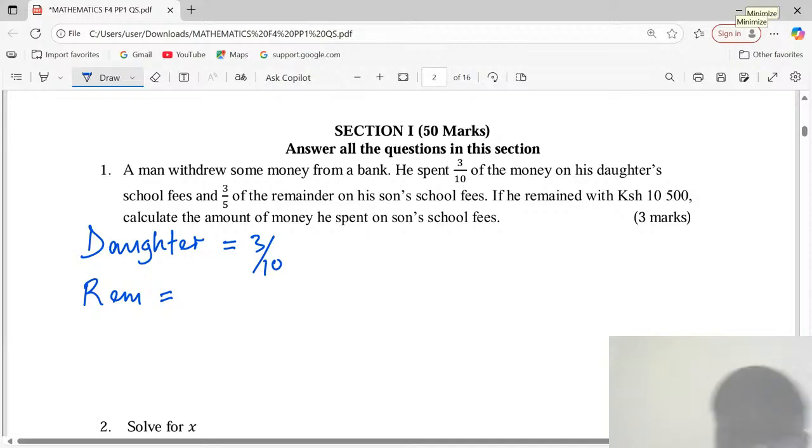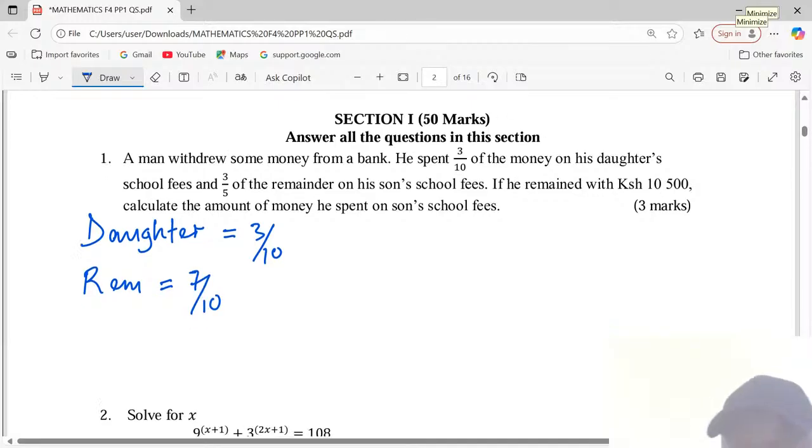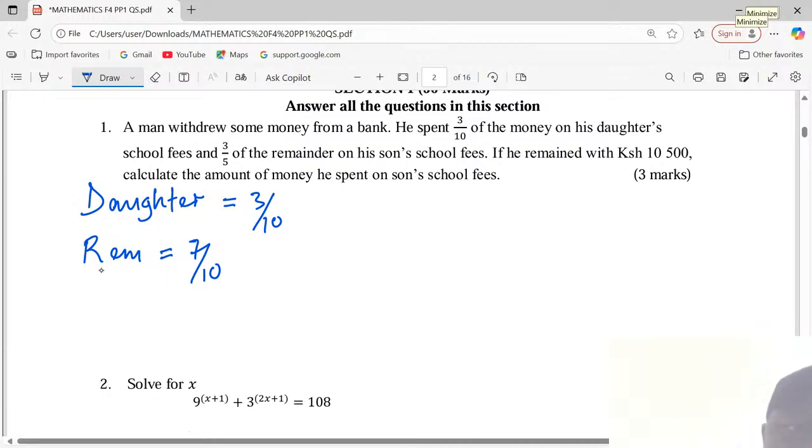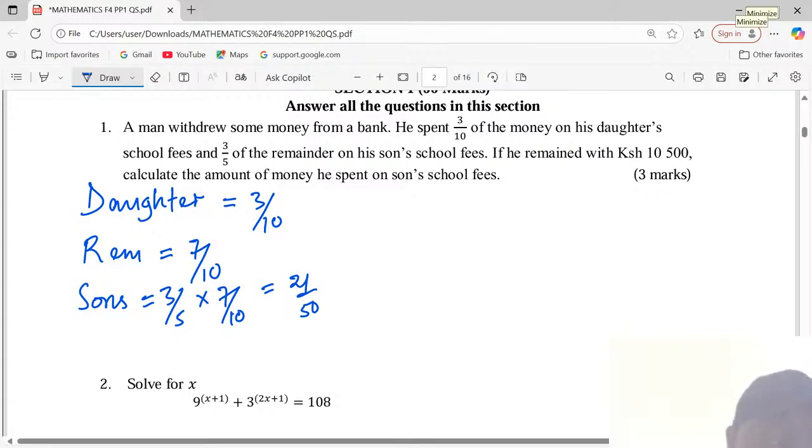That means the remainder is 7 out of 10. Now, for the son's fees, it shall be 3 over 5 of 7 over 10. This is 21 over 50. So the fraction that goes to the son is 21 over 50.